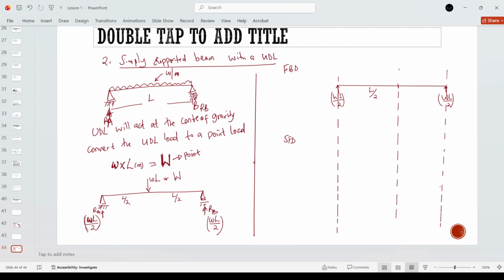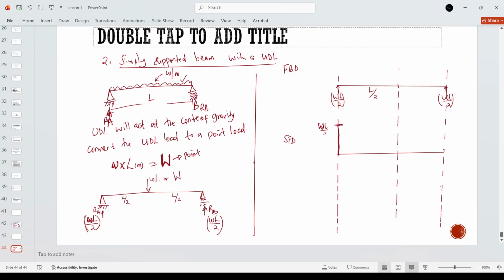So anywhere we have a point load, the value of the shear force will increase suddenly. So we'll have an increase of this magnitude WL over 2, WL over 2 up to that point.